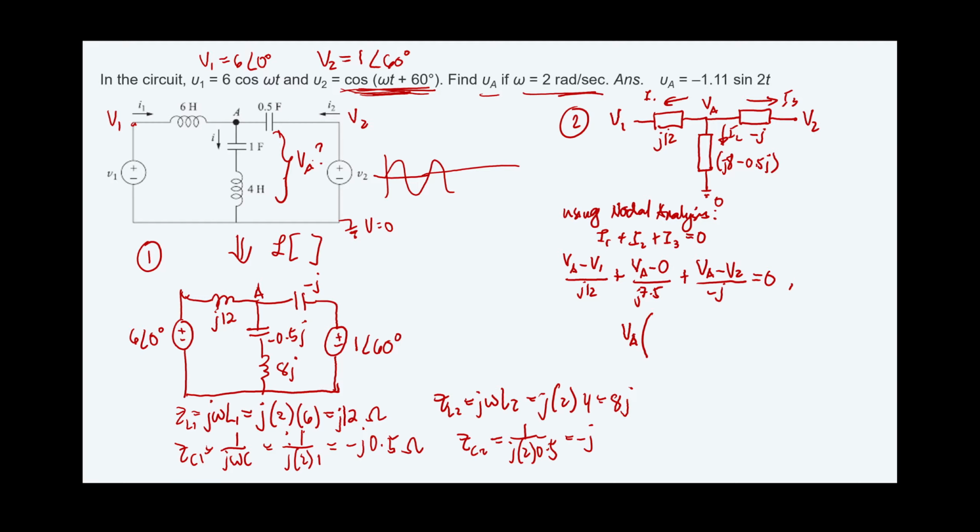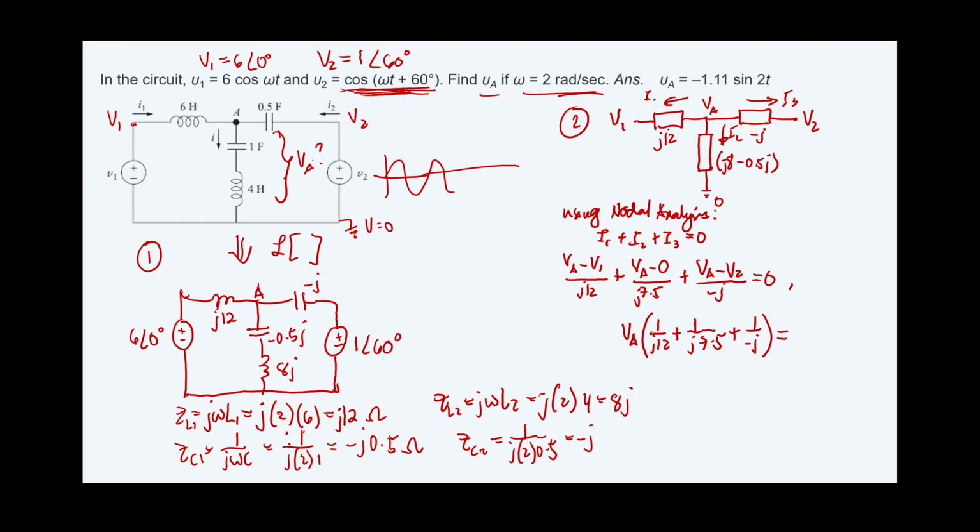1 over J12, okay. So I hope you see where 1 over J12 is, and then plus 1 over J7.5, okay, for the second term. And then for the last term, 1 over negative J, and then all the other constants, V1 over J12 negative, so it becomes positive.